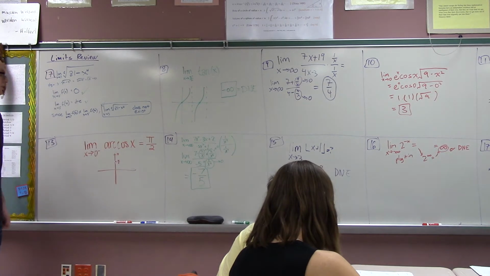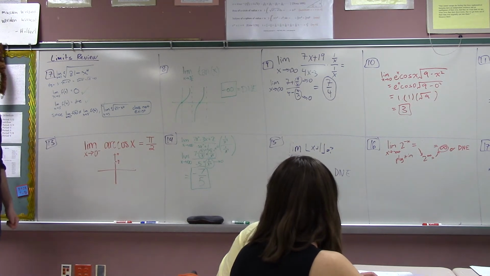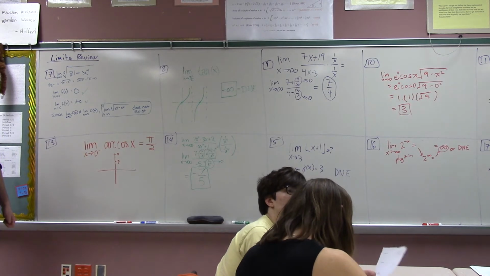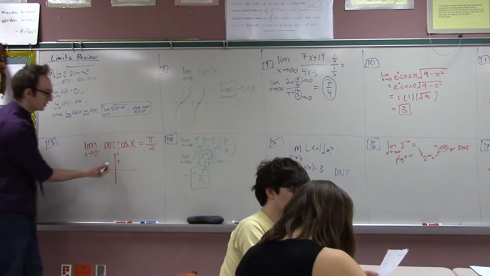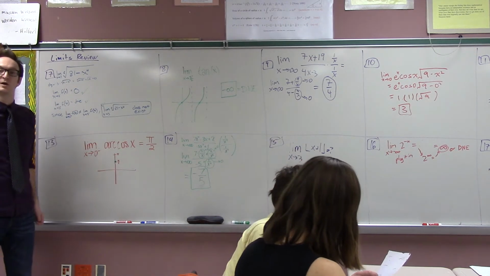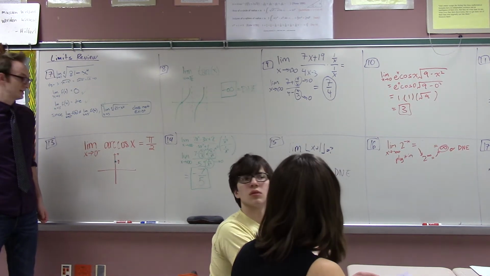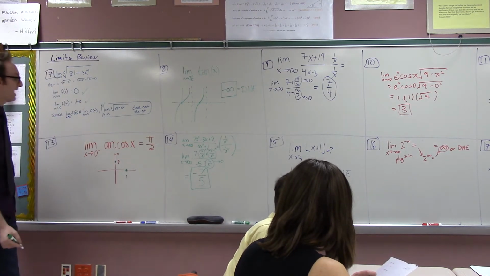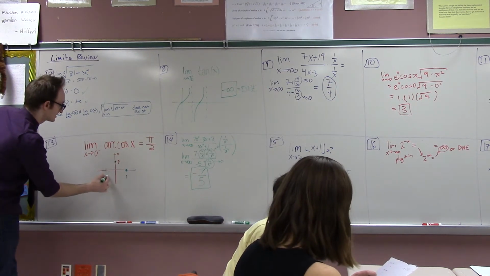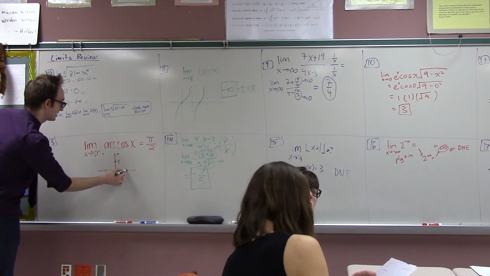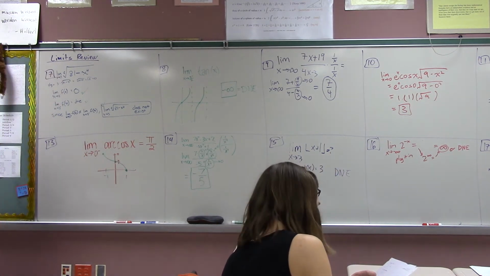When you take the arc cosine, arc cosine of 0 is pi over 2. The arc cosine of 1 is 0. And the arc cosine of -1 is pi. Arc cosine kind of looks like that.